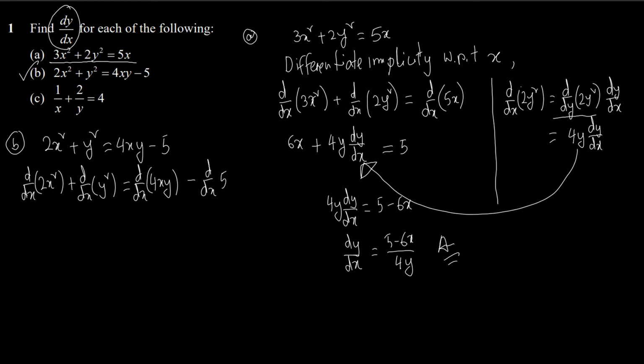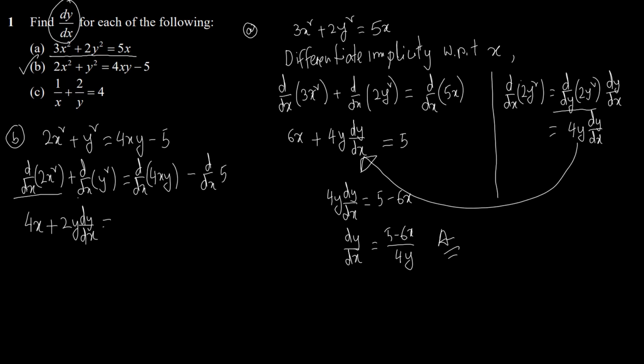If we differentiate this, we get 4x, and for the second part, the way we did the first one, for y square we write 2y dy by dx, because y is a function of x.